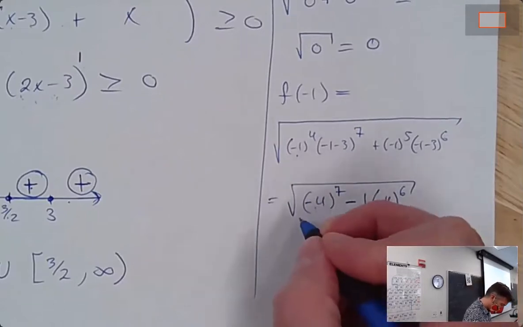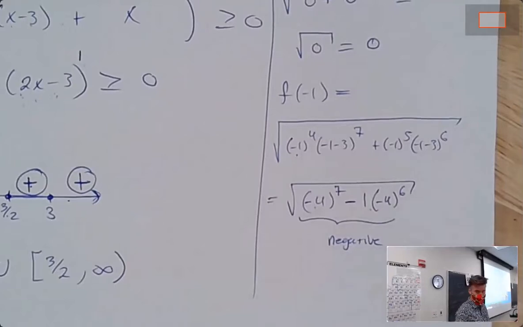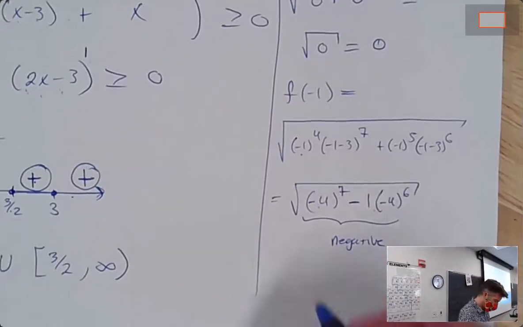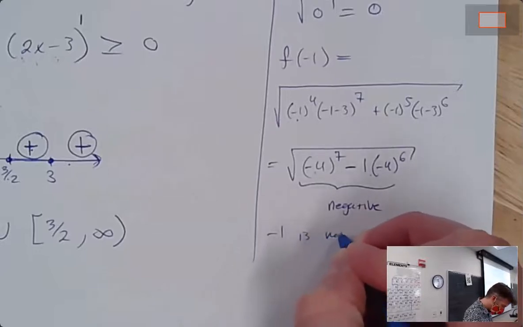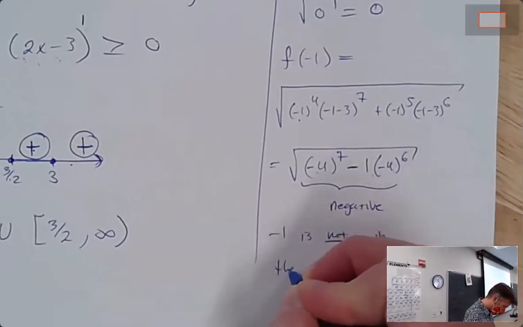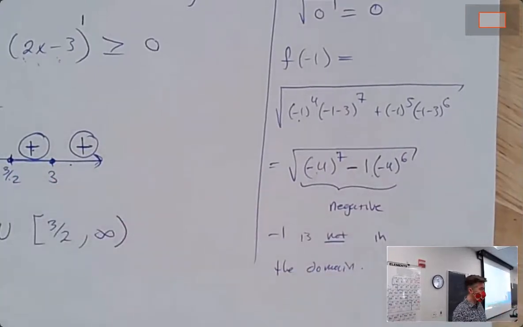So this for sure is negative, which means we can't take the square root of a negative. So -1 is not in the domain, which we already knew because we showed it before, but here we are seeing some additional proof of that. So hopefully that clarifies things.